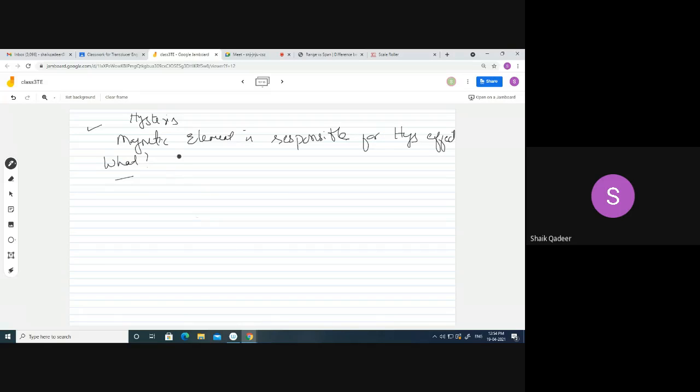To see what hysteresis is, I again need to draw the same curve. We have a curve that shows the relation between input and output. Suppose this is our ideal curve. When we take the reading in increasing order, suppose we get a relation like this.